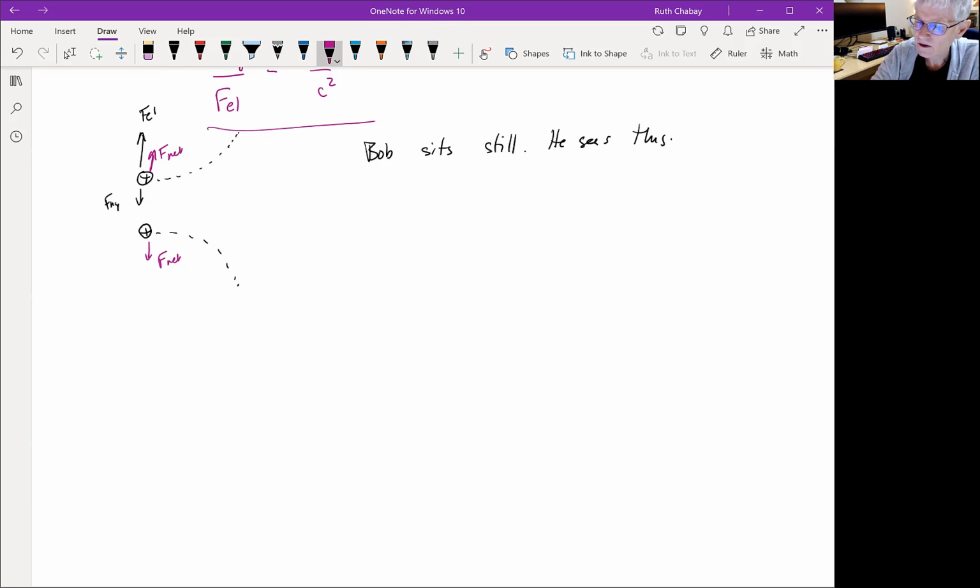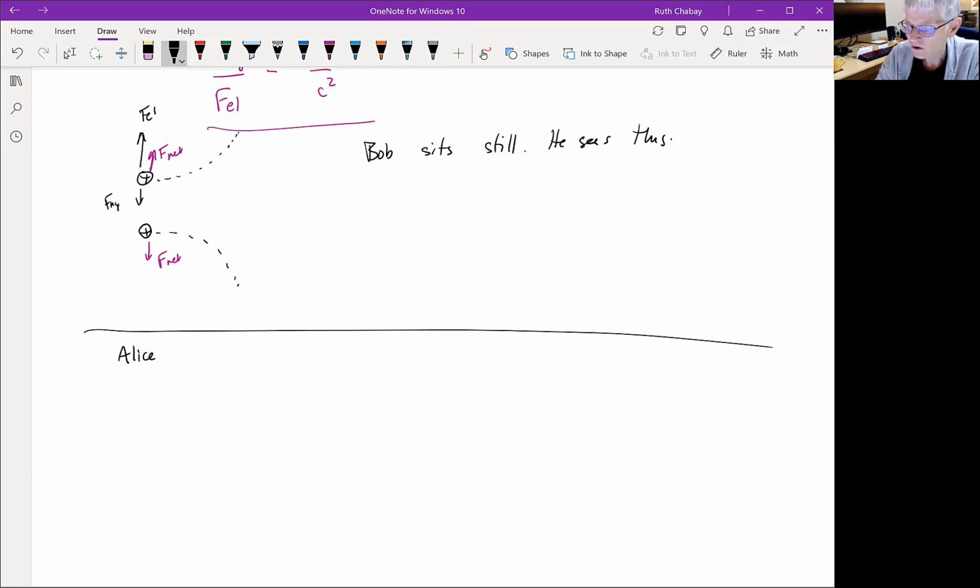On the other hand, Alice, who's feeling very energetic, runs along with the protons. So she's moving at speed v. So what does she see? Well, what she sees is that there's a big electric force.